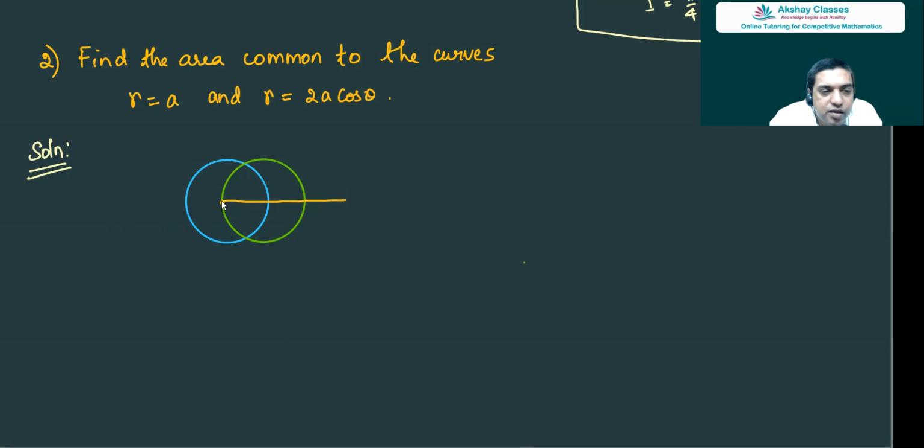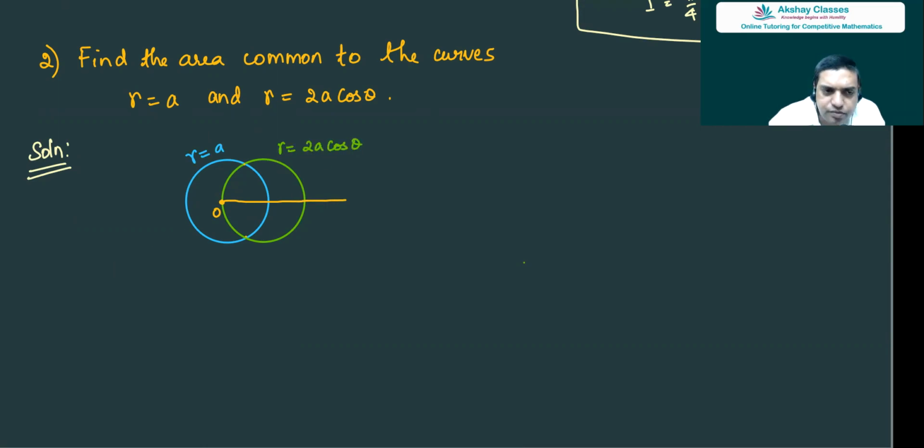Now, when the circles intersect, what is common? R and theta should be common. So the distance from O will be the same for this blue circle and for the green circle. The blue circle is, of course, R is equal to A, and the green circle is R is equal to 2A cos theta.